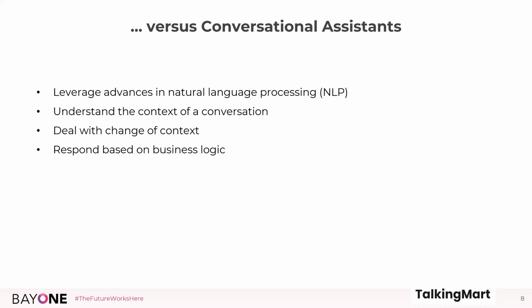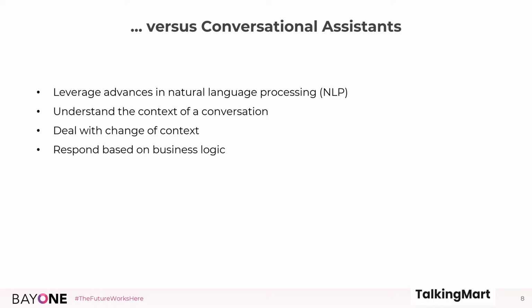And the idea here is that you are conducting a conversation, and the assistant should not only be able to understand the context, but also to be able to deal with the change in context. So these are the most important things here, and we'll see a couple of examples of this, that the assistant very rapidly has to make a determination as to what is it that we are talking about.